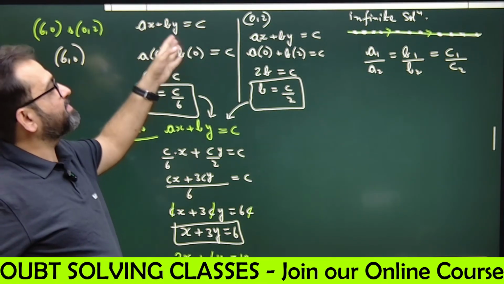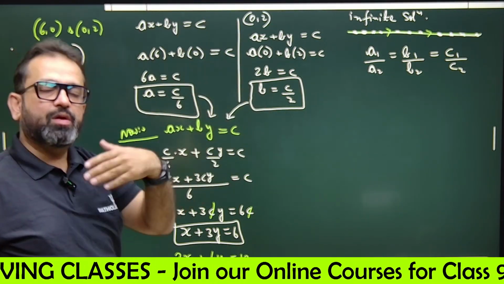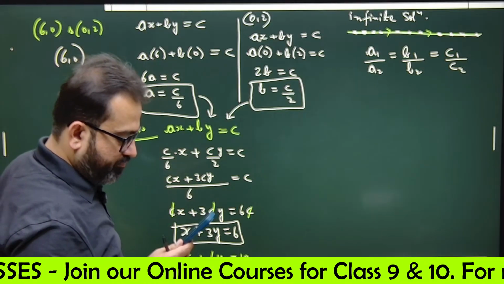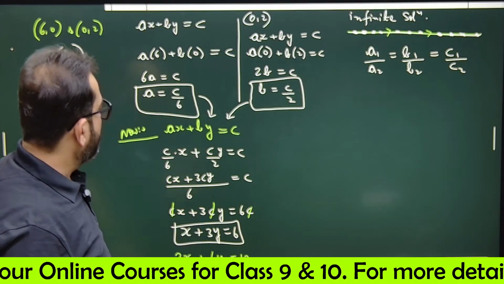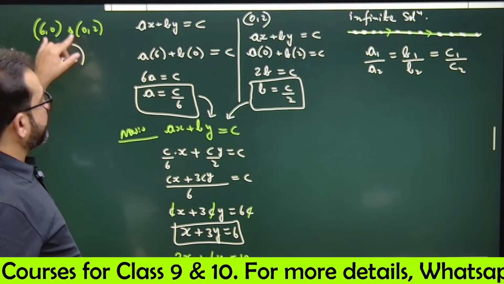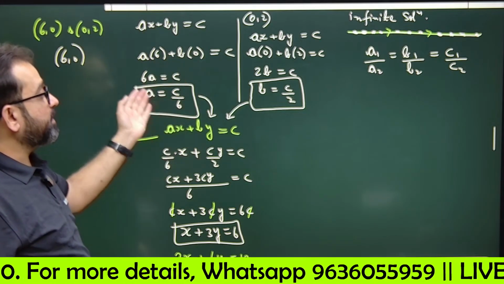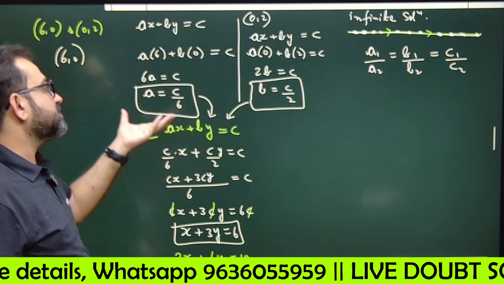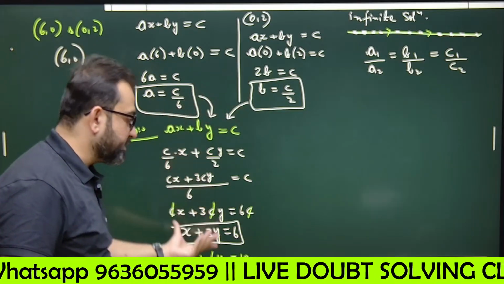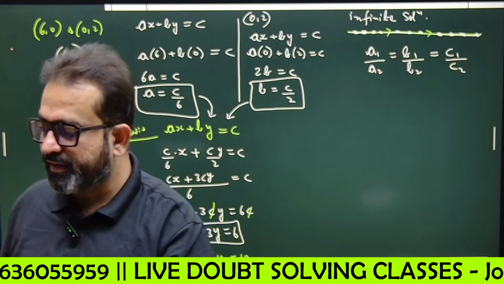You can write it as ax plus by plus c equal to 0. That will also be correct. No problem. Then the points which were given, we just inserted those points in the equation. We got the relation between a and c, b and c. Then we just put the values of a and b in terms of c in this equation. That's it. Nothing big we have done.